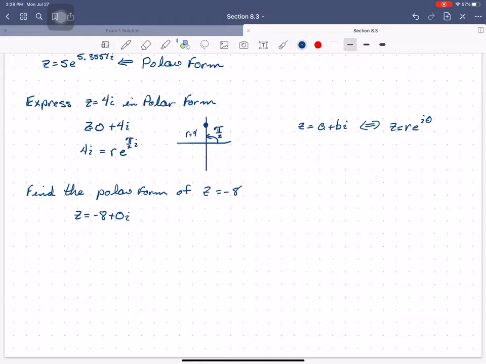So if we think about graphing that on the complex plane, we're over here. And my angle is simply pi, and my radius is 8. So this is 8e to the pi i.